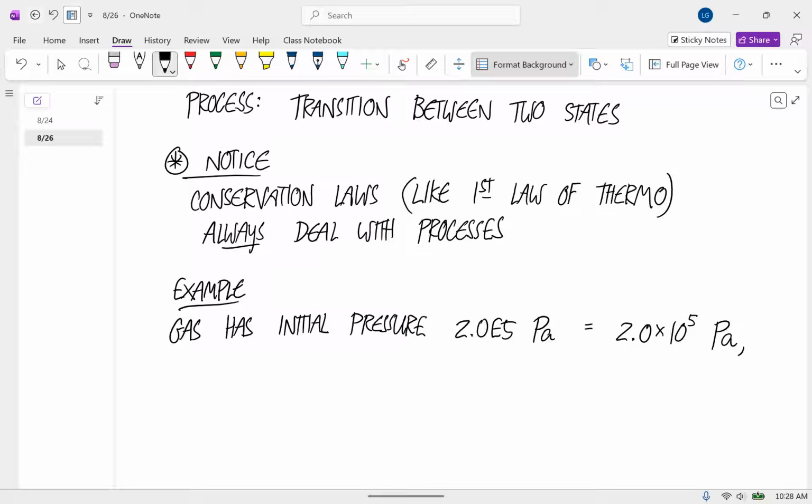So it has this initial pressure. It has an initial temperature of 350 Kelvin, and a volume of 0.6 cubic meters.